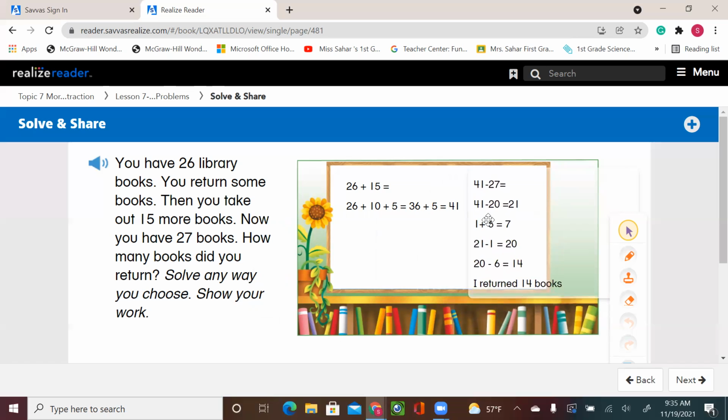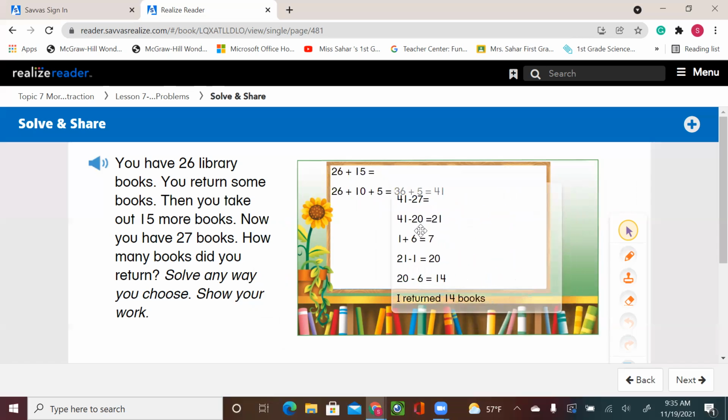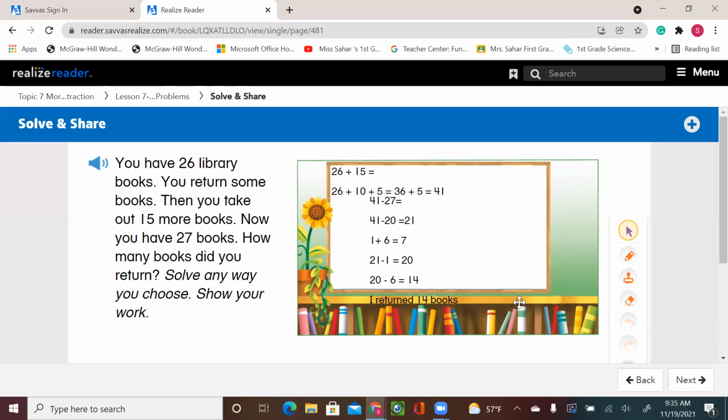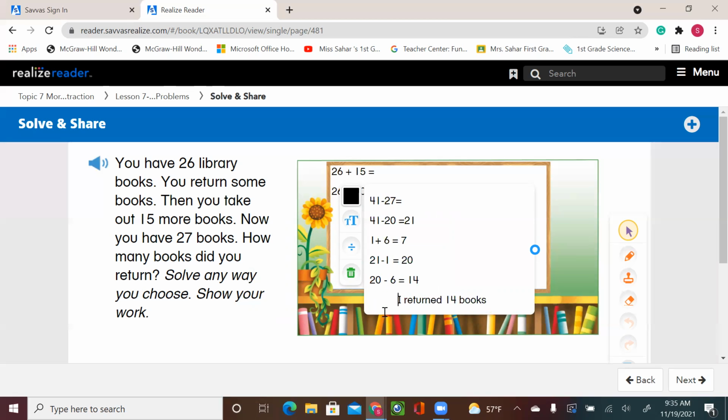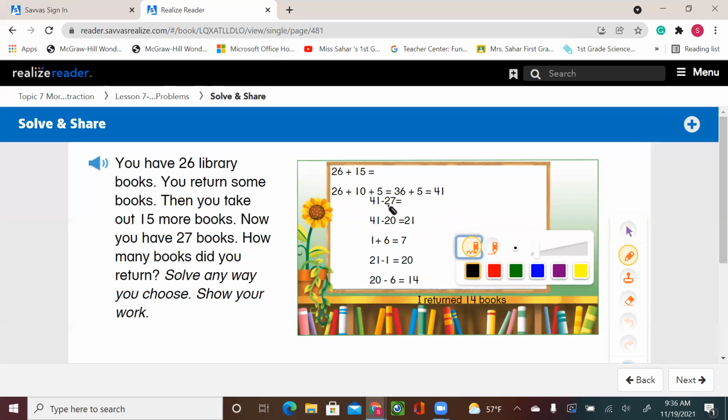Try to put it here. So this is when I break to 20 and 7.